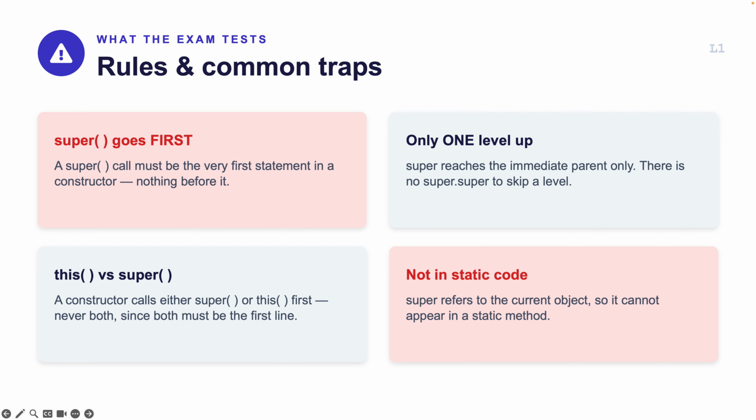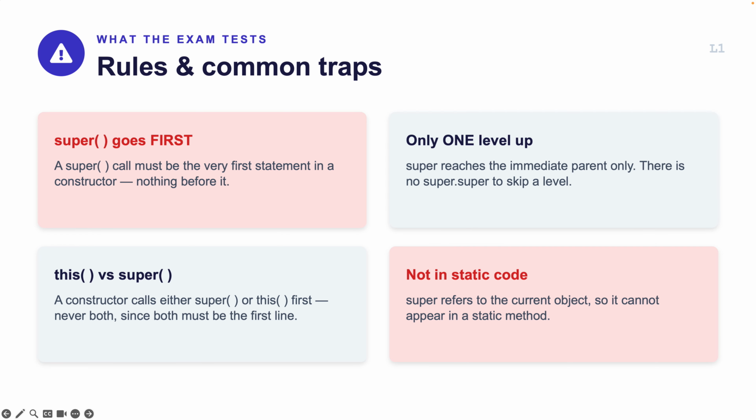Let's consolidate the rules the exam actually tests, because the slide is your cheat sheet. One, an explicit super call in a constructor must be the first statement. Two, if you don't write one, Java inserts super with no arguments automatically. Three, that automatic call breaks if the parent has no no-argument constructor, so you'll need an explicit call.